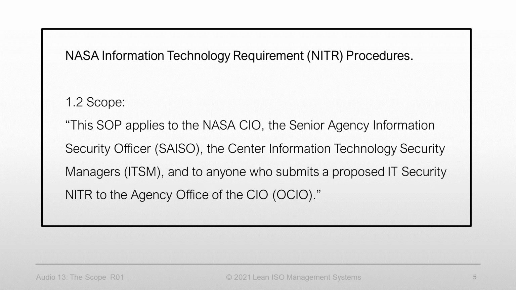1.2 Scope. This SOP applies to the NASA CIO, the Senior Agency Information Security Officer, SAISO, the Center Information Technology Security Managers, ITSM, and anyone who submits a proposed IT security NITR to the Agency Office of the CIO, OCIO.